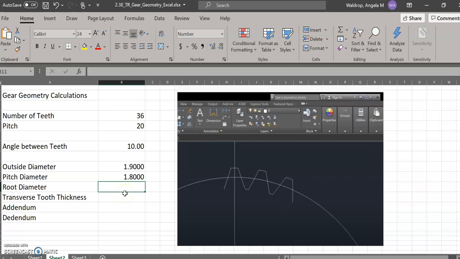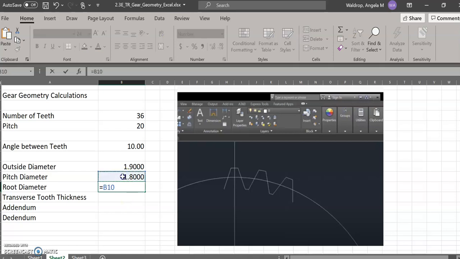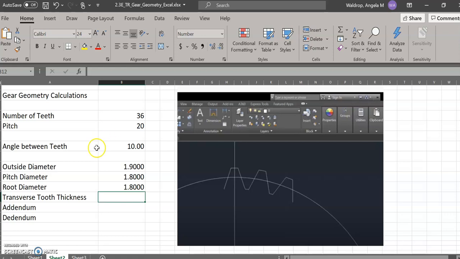So the root diameter is going to be equal to the pitch diameter minus 2 times the dedendum. But since the dedendum cell has a 0 in it right now, it's going to be equal to the pitch diameter. So this will automatically update after we finish all those cells.